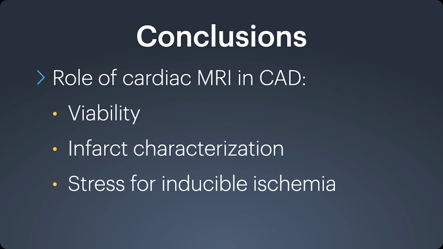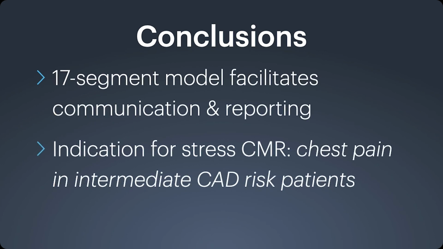And this includes the ability to differentiate acute from chronic myocardial infarction, to perform myocardial viability assessment, provide prognostic information, and even help direct treatment, as well as for patients who as of yet do not have a diagnosis of coronary artery disease. We can use stress MRI to evaluate for the presence of inducible ischemia. And stress MR is a better study in many instances than some of the more conventional stress methods.